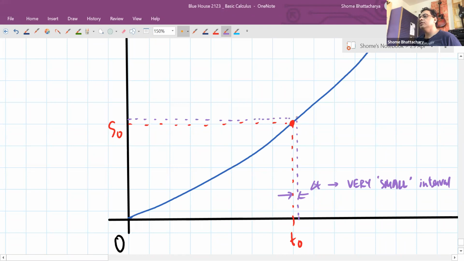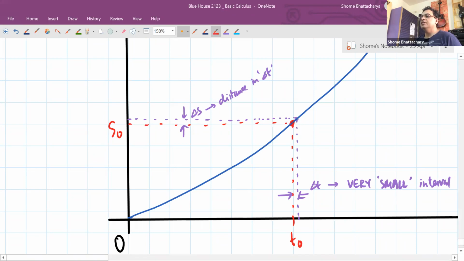Okay. So these two together would intersect at a point like this. So this would be delta s, which will be equal to the distance in time interval delta t.